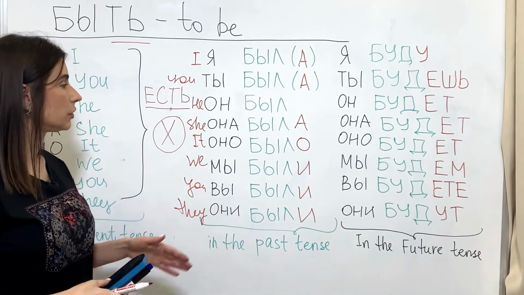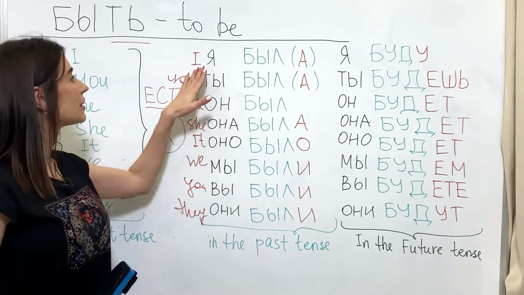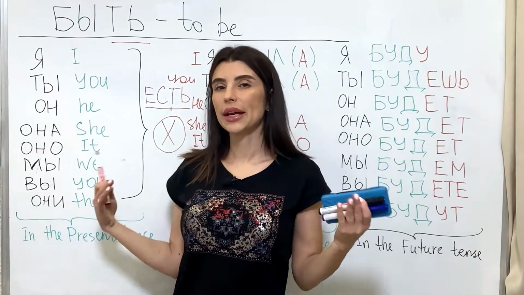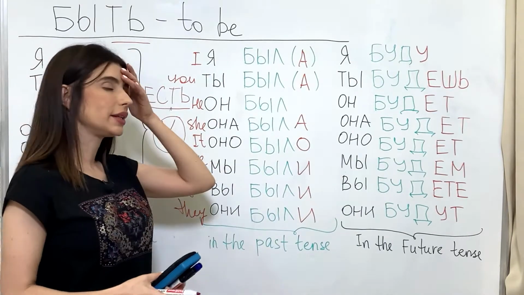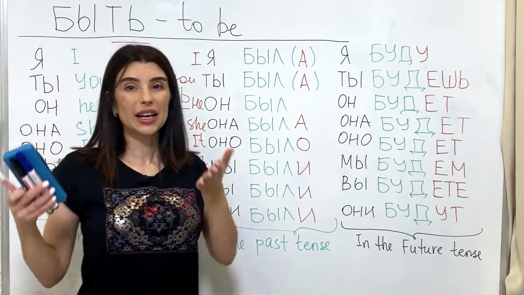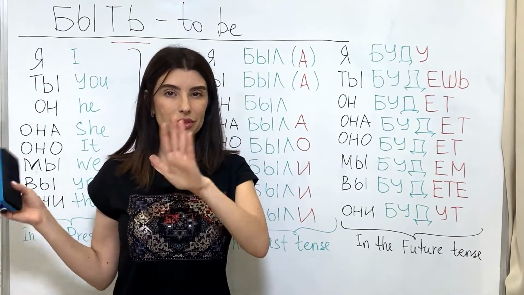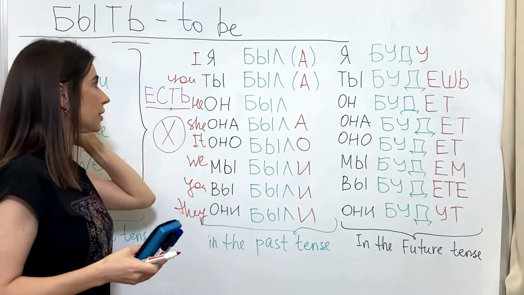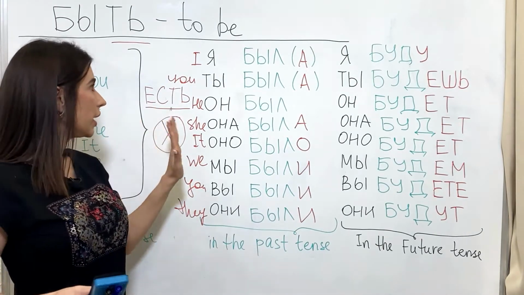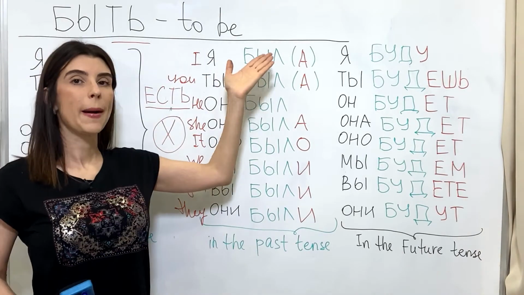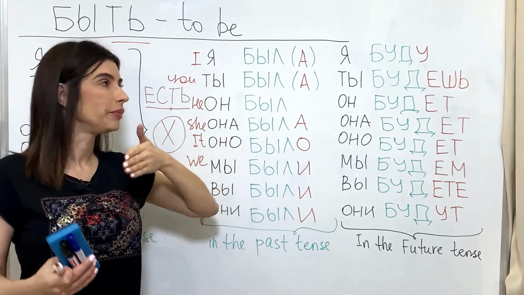So, it's the same as in this column. Do you see? I did it the same here, just to not copyright. Okay, but now I will try to show you how the verb быть changes.